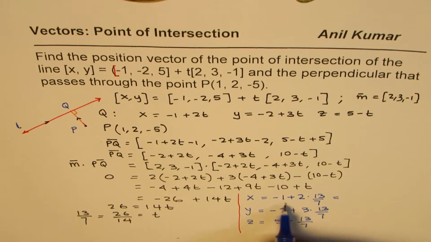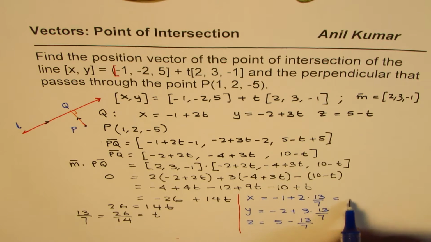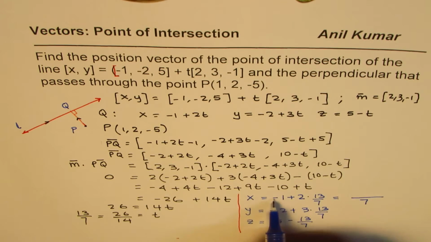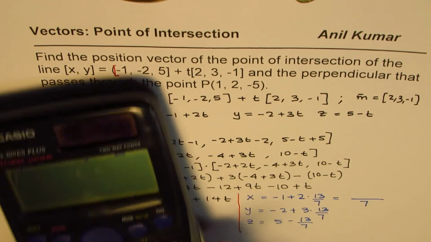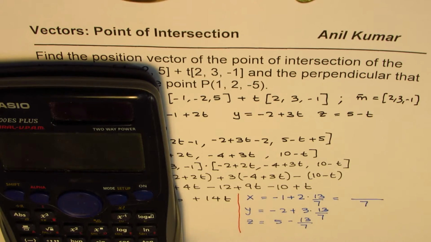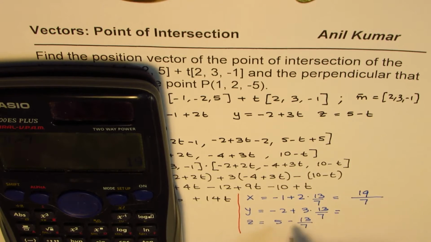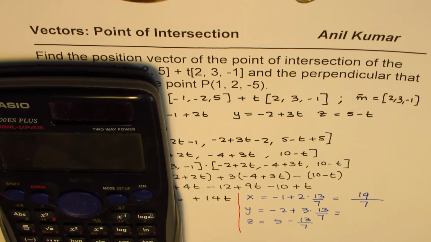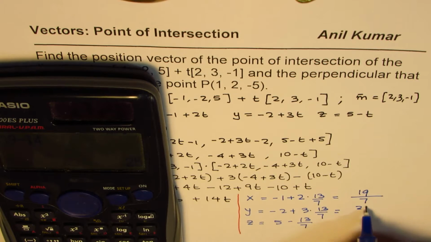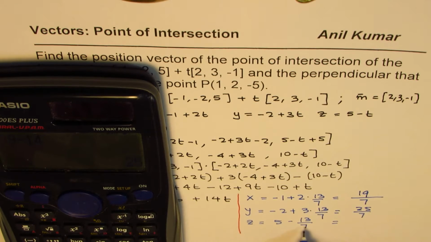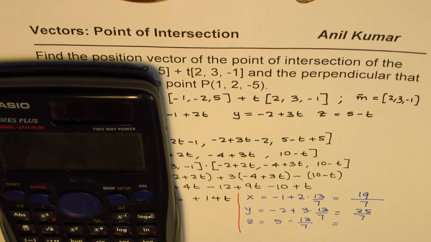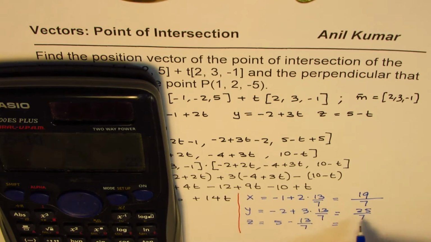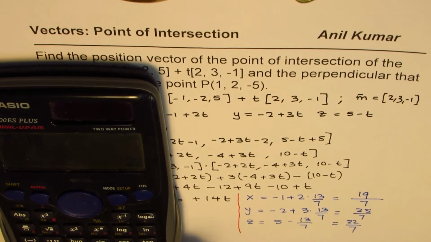Now you can calculate these values. The common denominator is 7. So 2 times 13 is 26, minus 7 equals 19. For y, 39 minus 14 equals 25, so 25 over 7. And for z, 35 minus 13 is 22, so 22 over 7.